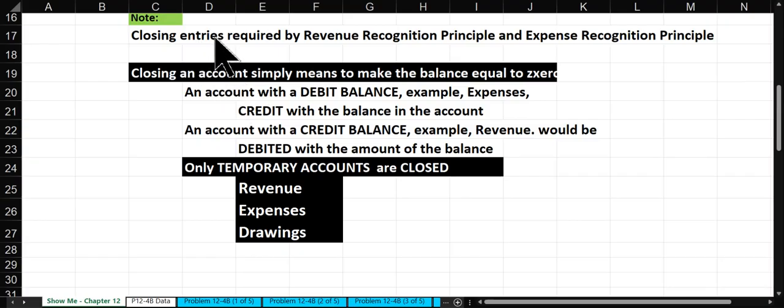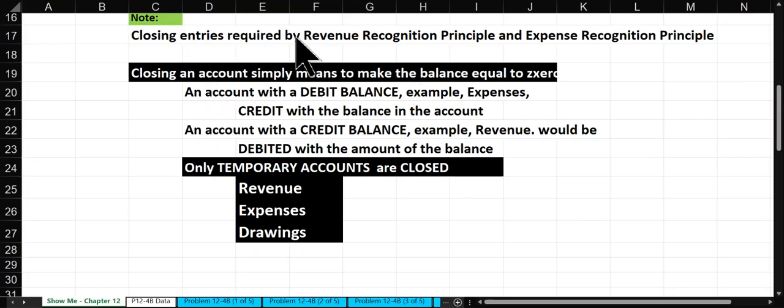So closing entries will close temporary accounts so that when you begin the next period, those accounts will have zero balances. It's not the same as walking into a bank and saying, I'd like to close my account, which means that you will no longer be using that account.